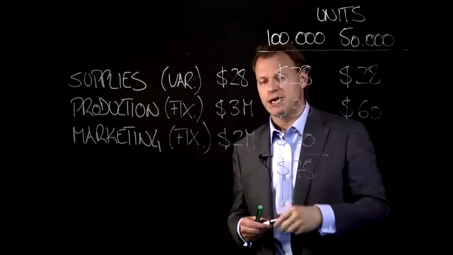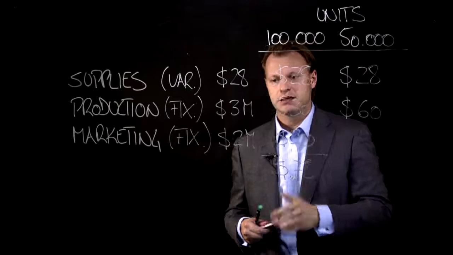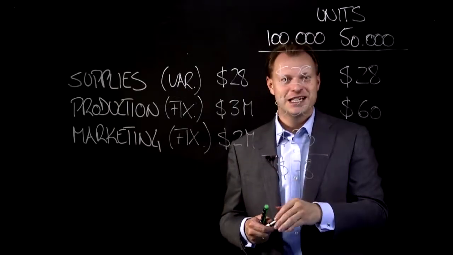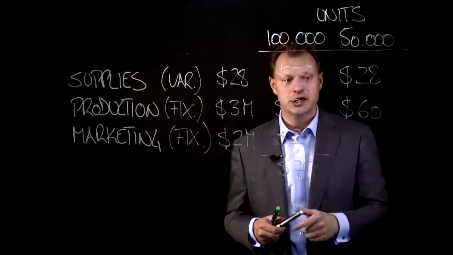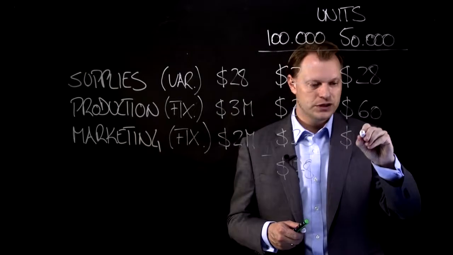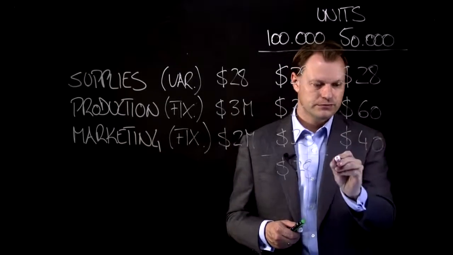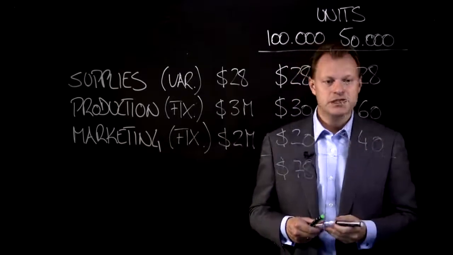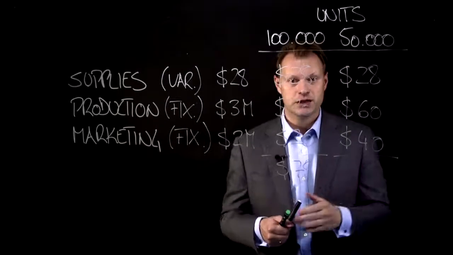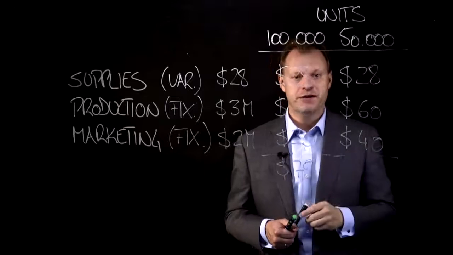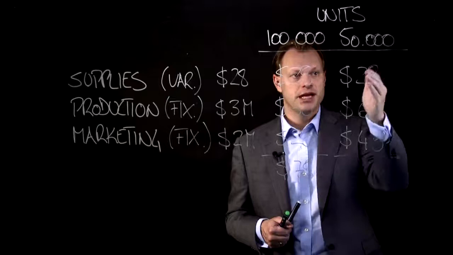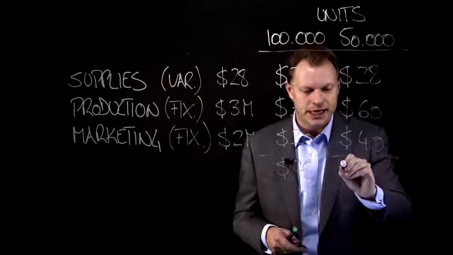Let's repeat the very same exercise for our marketing expense. $2 million divided by the 50,000 units is going to be a unit cost of $40. What we can now see is the total unit cost for an output of 50,000 units. We have the $40, $60, which is $100, plus the $28 is $128.